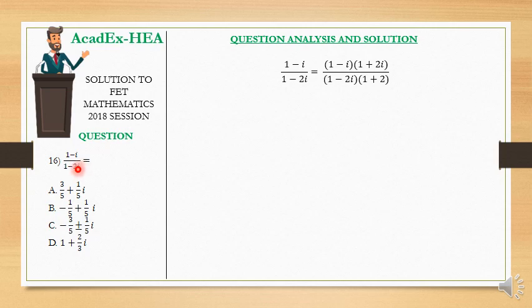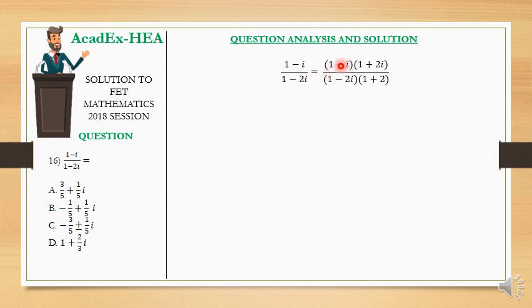So now we get the conjugate of this complex number by changing the sign of the imaginary part. So we are going to change the sign of the 2I. Negative 2I becomes positive 2I. That's the conjugate. And what do we do? We now multiply top and bottom by the conjugate of the denominator. So watch what we are going to do here. We have 1 minus I over 1 minus 2I.